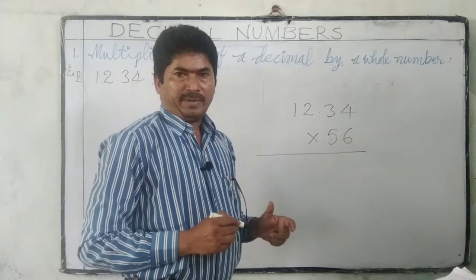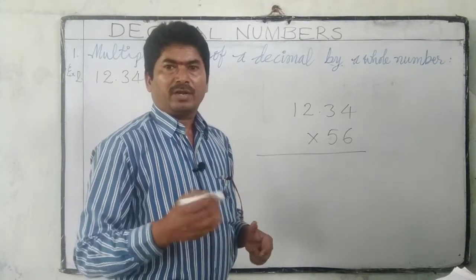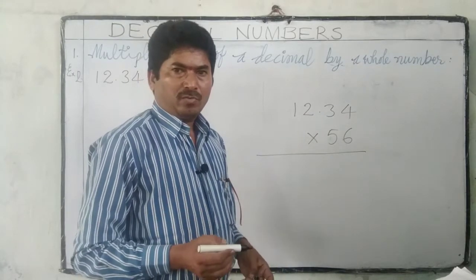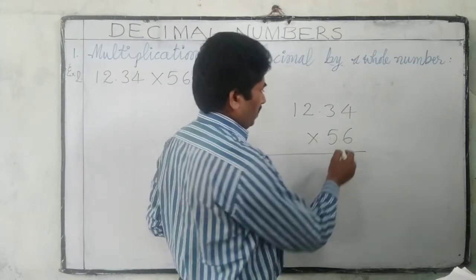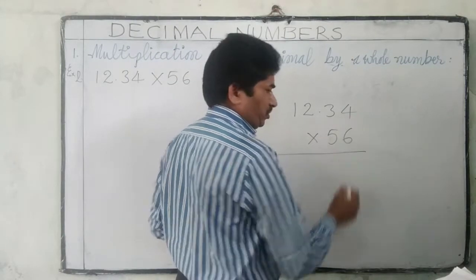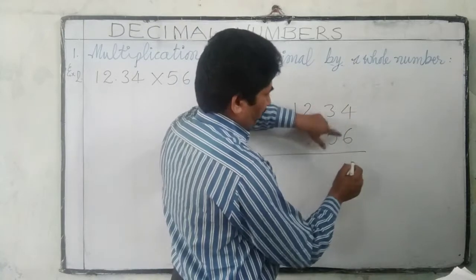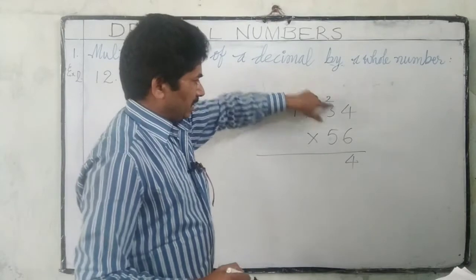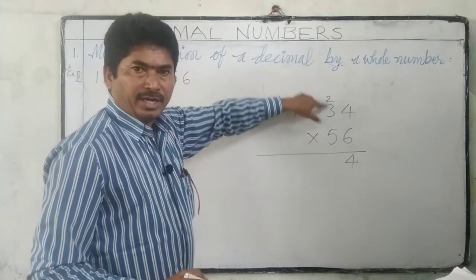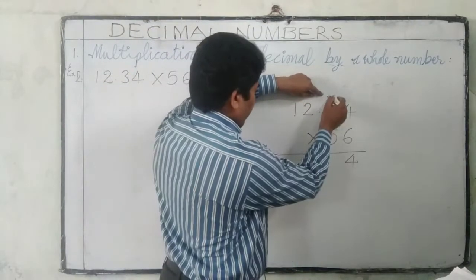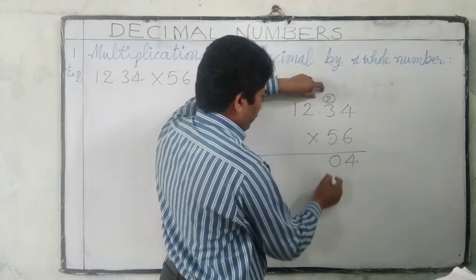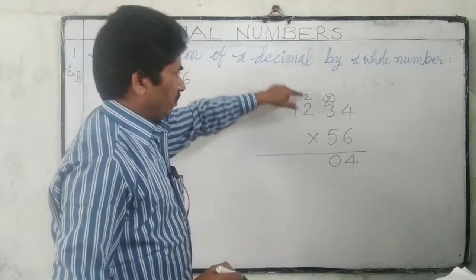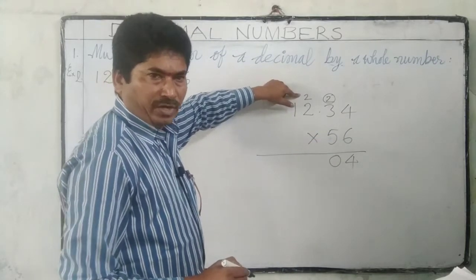First we have to multiply the given numbers ignoring the decimal point, just like in whole numbers. 6 4s are 24, so 4 here, 2 carry. 6 3s are 18. 18 plus 2, 20. 0 here, 2 carry. 6 2s are 12, 12 plus 2, 14.